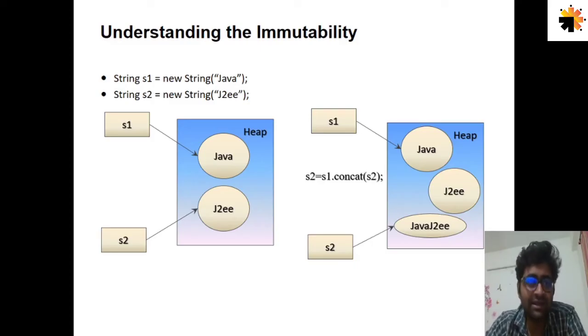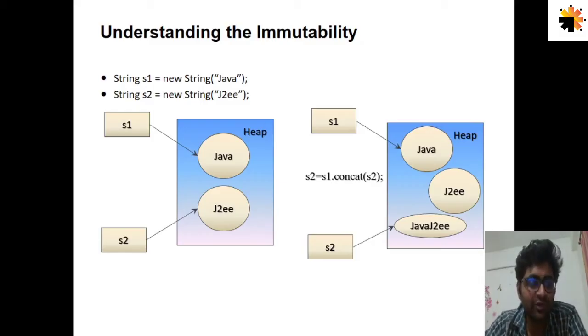So let's understand string immutability. First I've created String s1 equals new String of Java. The first object which is created is the Java object, and it is placed on the heap memory. So s1 is referring to the Java. The second object that is created is j2ee. So j2ee is the string which is created and it is also placed in heap memory.